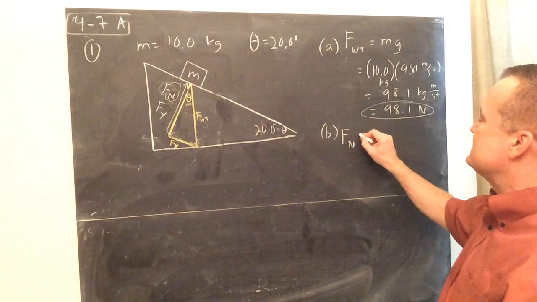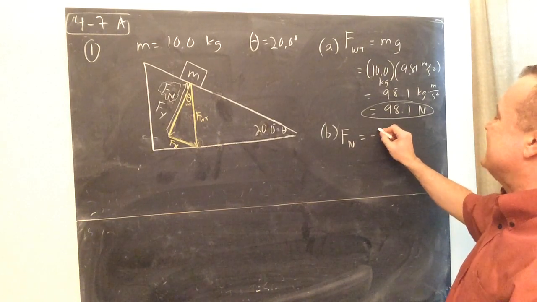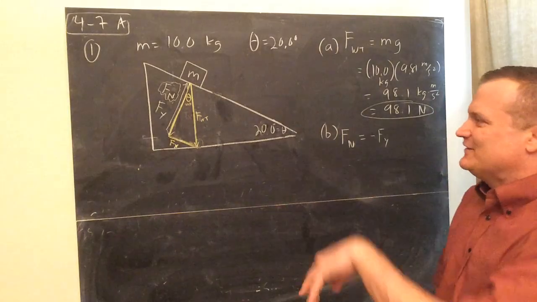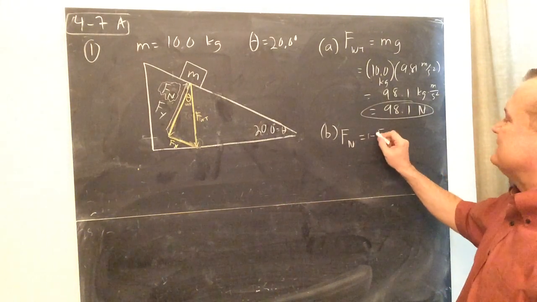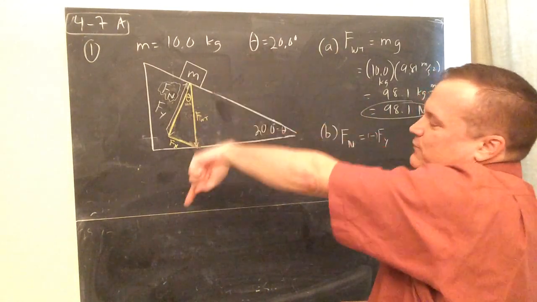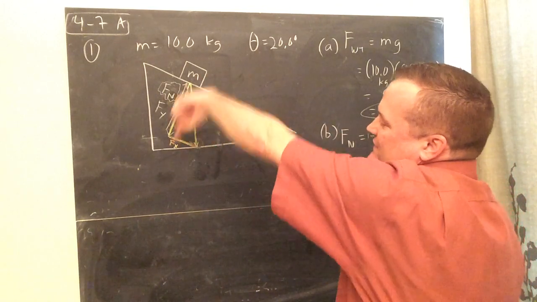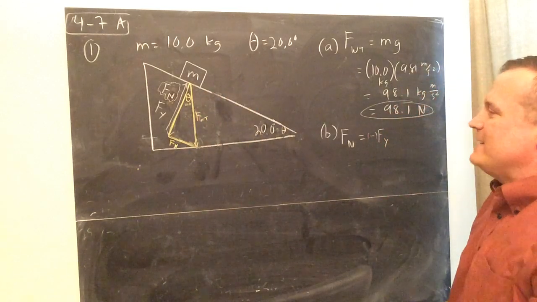The normal force is equal to, I'll say the negative of Fy, technically, okay? And we can just let the Fy be negative here. I'm not going to worry about the negative signs here. It should technically be the negative of Fy, because Fy is gravity pulling you, the weight pulling you down in this direction, perpendicular, and it's a component of weight that goes this way, and the normal force is supporting you going up that way.